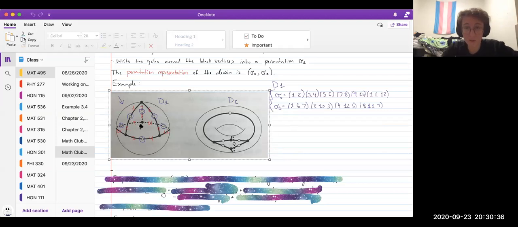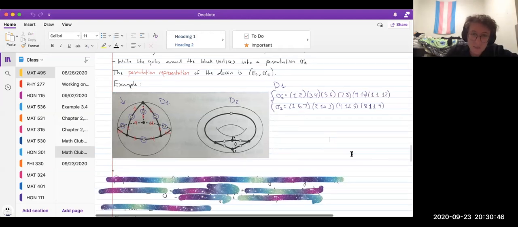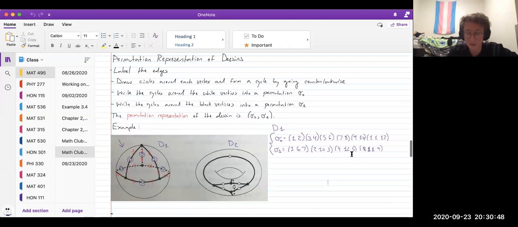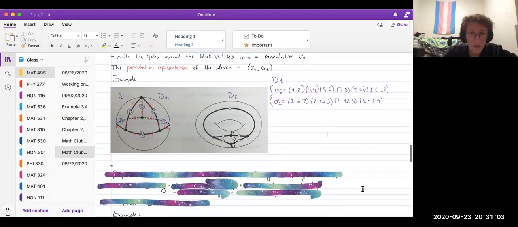We could do the same thing for D2. Maybe we could do that later if we have time. I think I'm running a little short on time. But we could also find a permutation representation for D2 if we label it in the same way.